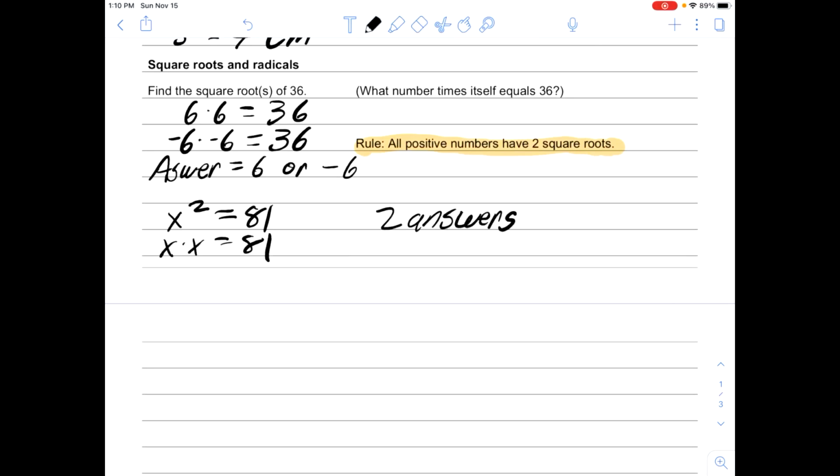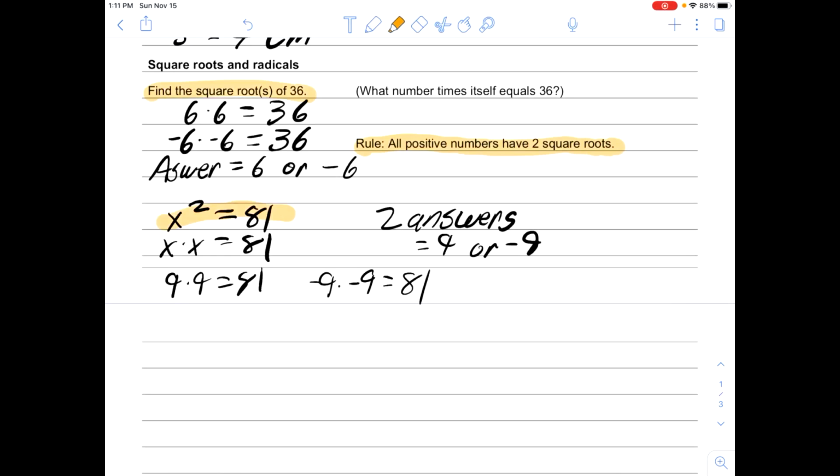I know that 9 times 9 equals 81, but negative 9 times negative 9 also equals 81 because a negative times a negative equals a positive. So that means my answer could be 9 or it could be negative 9. Whichever way, find the square roots, or if it's given like this, both of these problems have 2 answers.